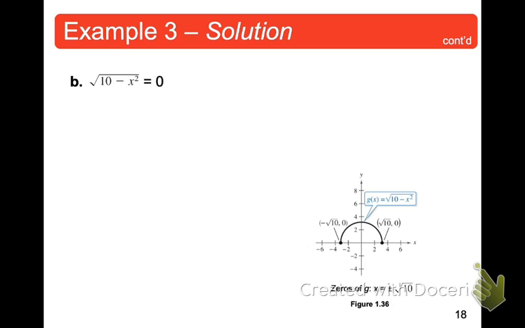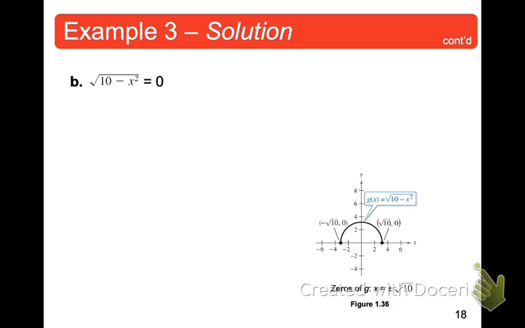This is a function because we've got the square root. If we completed this and had a circle, then it would no longer be a function. But this is a function because it passes the vertical line test. We have a very limited domain in between here.